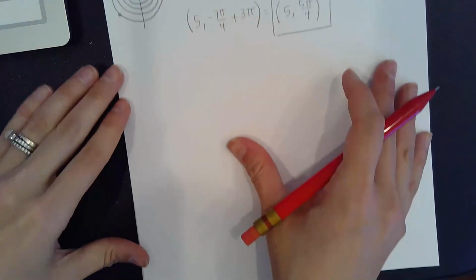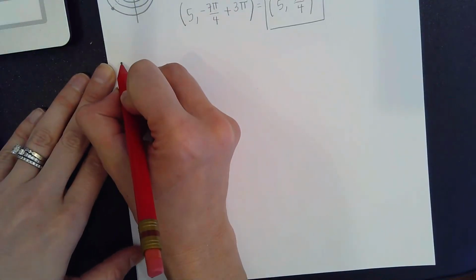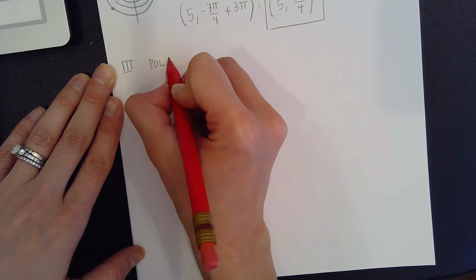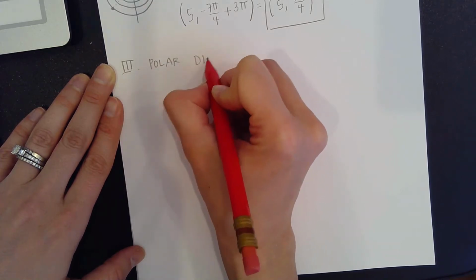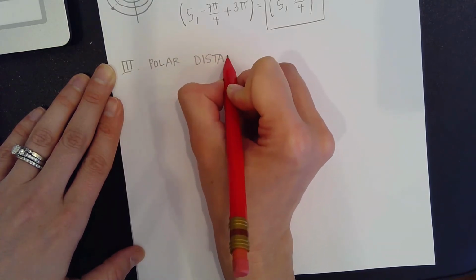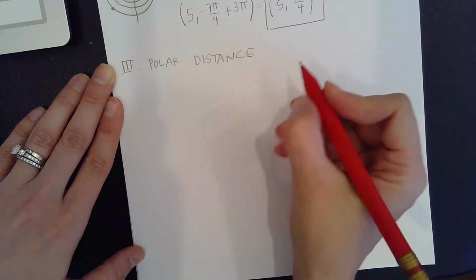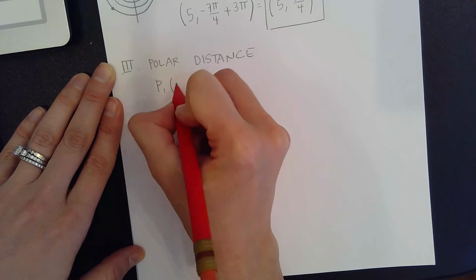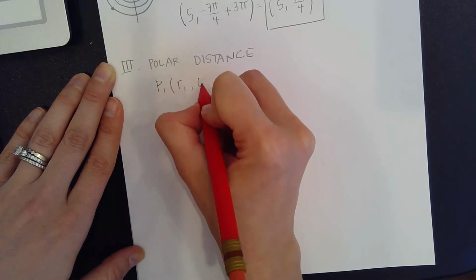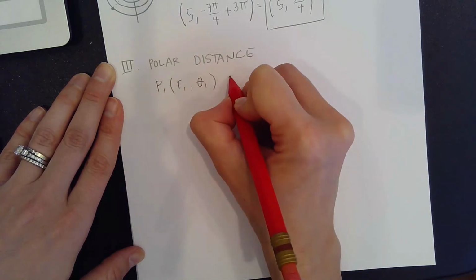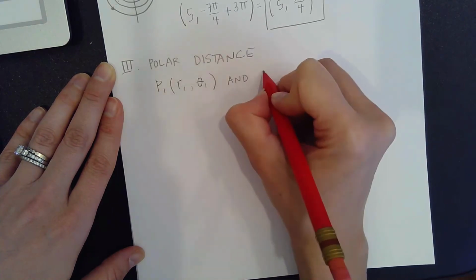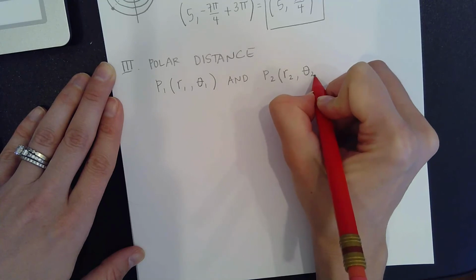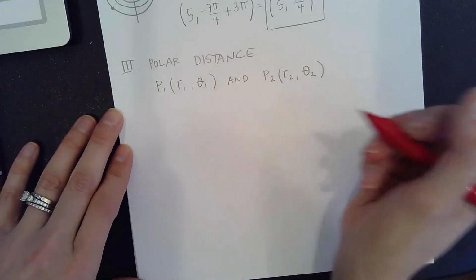Okay. All right, and the third thing that we're going to do today is polar distance. Okay, so we are going to have a polar coordinate, we'll call it R1, theta 1, and our second polar coordinate, we'll call that R2, theta 2, on the polar plane.